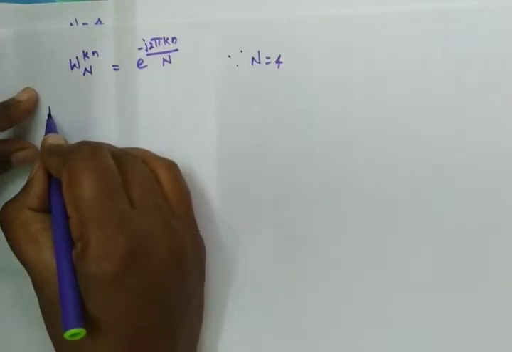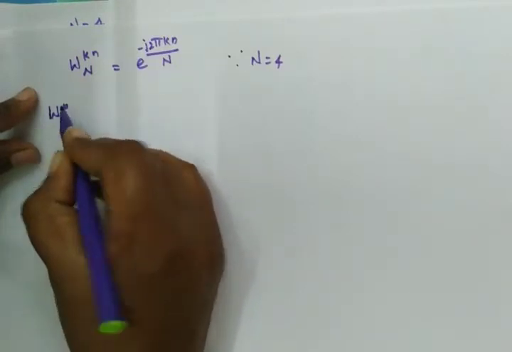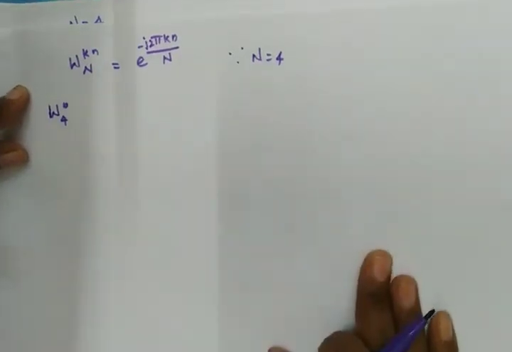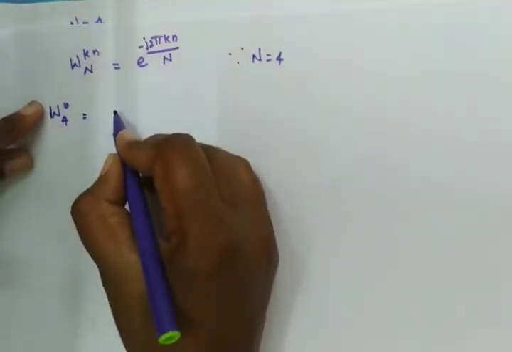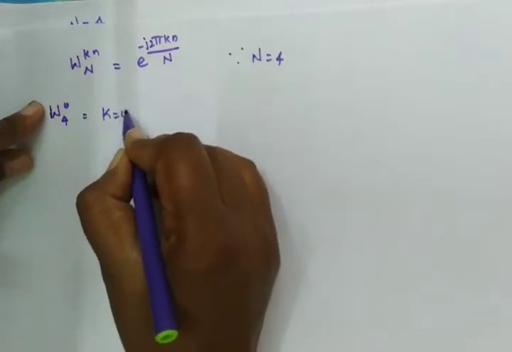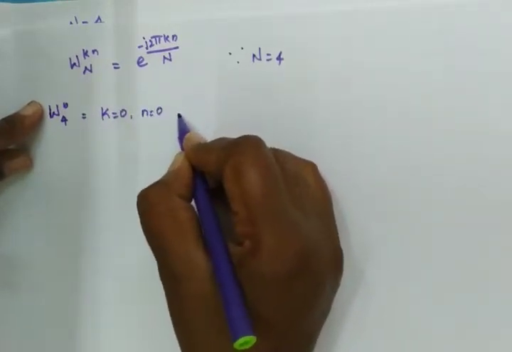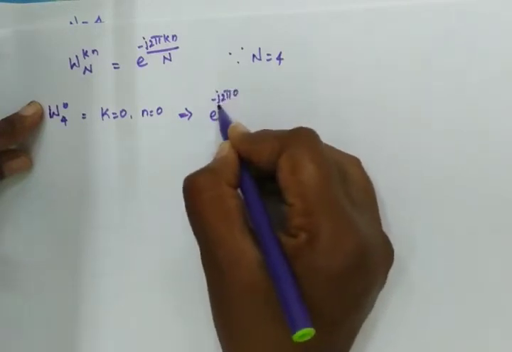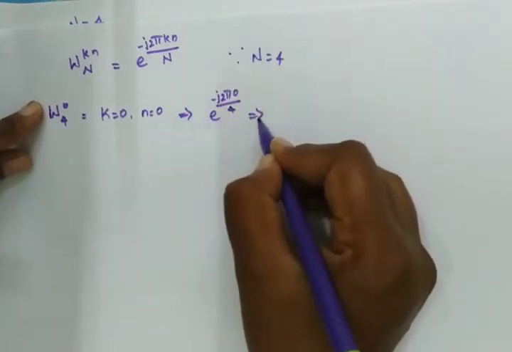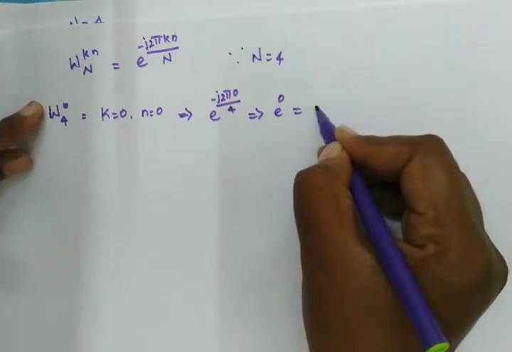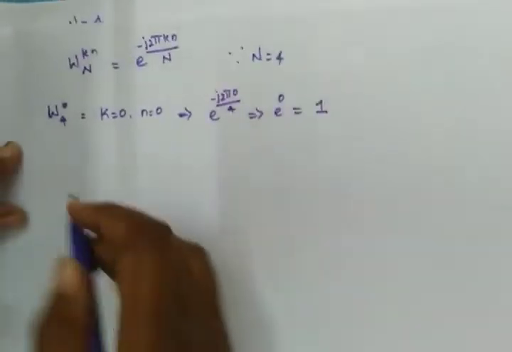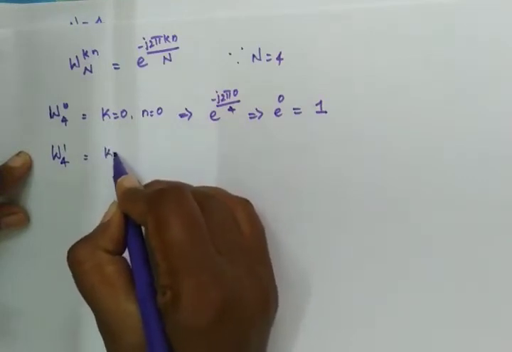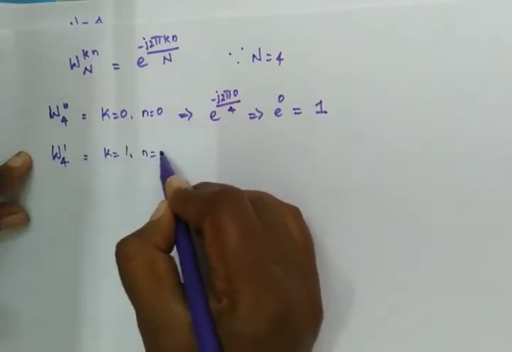Let us take W4 power 0. Now we can substitute k is equal to 0, n is equal to 0. So we can write e power minus j 2 pi 0 by 4, since n is equal to 4. So we will get e power 0, which is equal to 1. Next W4 power 1: we take k is equal to 1, n is equal to 1.